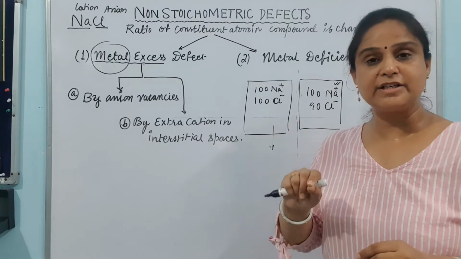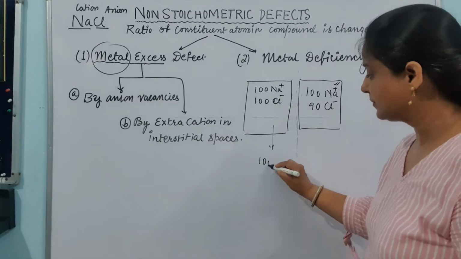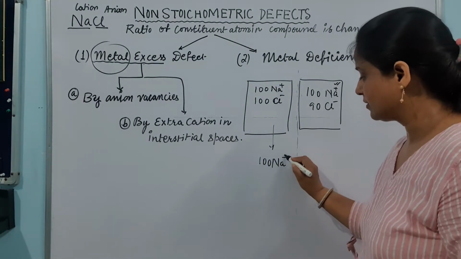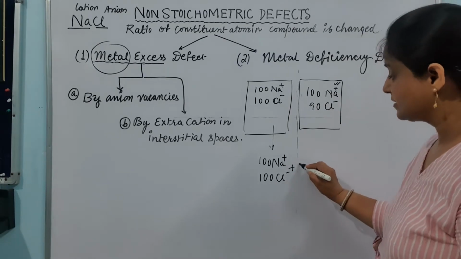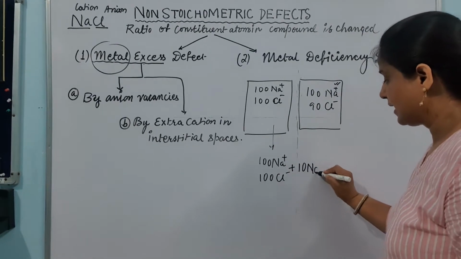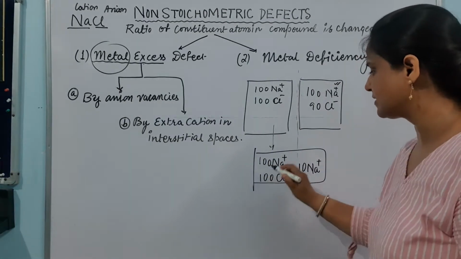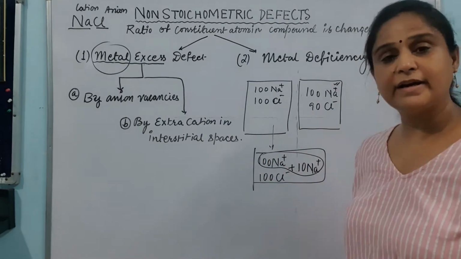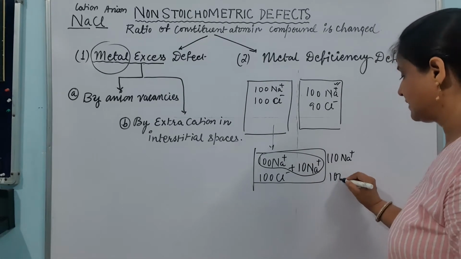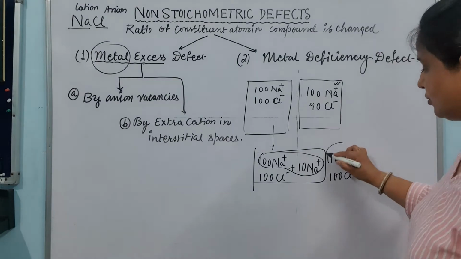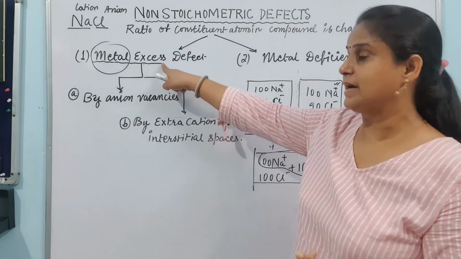If I add some extra cations in the interstitial spaces, there were 100 cations and 100 Cl, and now there are 110 cations. Cl I have not changed, so cation is in excess. So which defect is this? Metal excess defect.